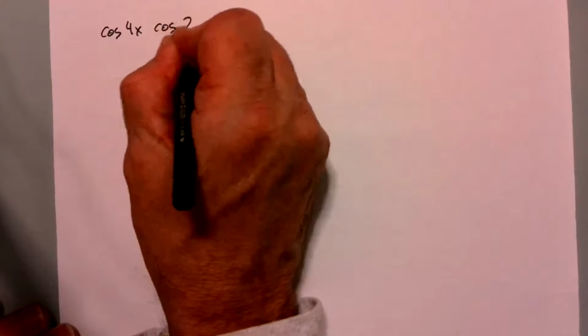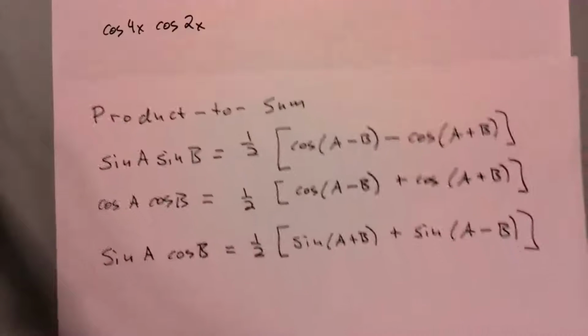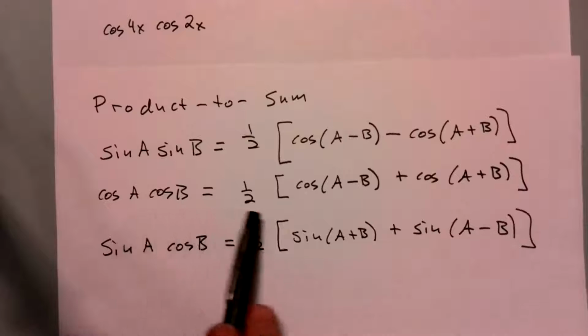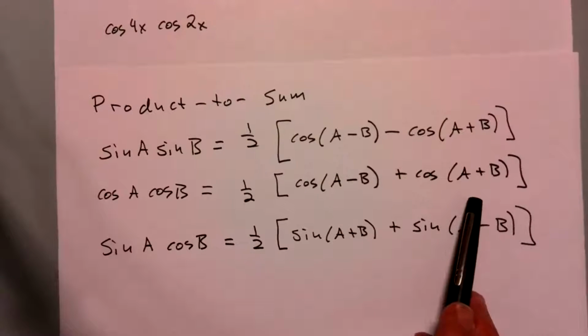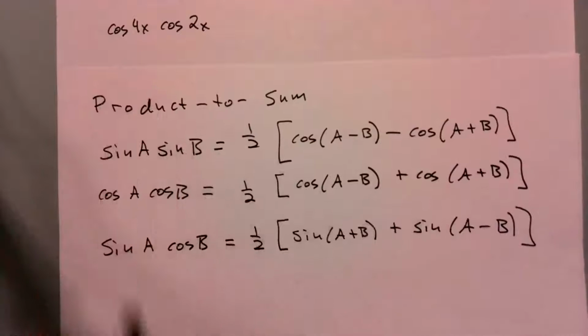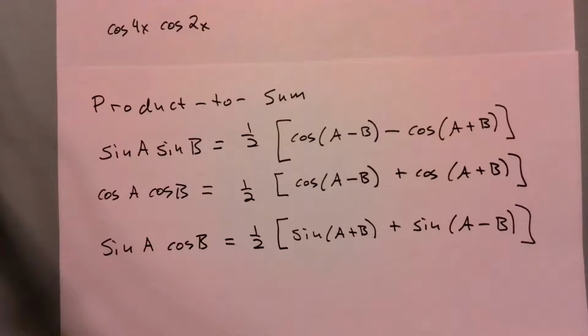Cosine of 4x, cosine of 2x. That is a product, and I want to rewrite that as a sum or difference containing only sines or cosines. Can I do that? Well, I have an identity. I need cos times cos. So if you look at our product to sum identities, cos times cos, 1/2 cos A minus B plus cos A plus B. So I'm going to write that down underneath this, make the substitutions I need, and then simplify it.